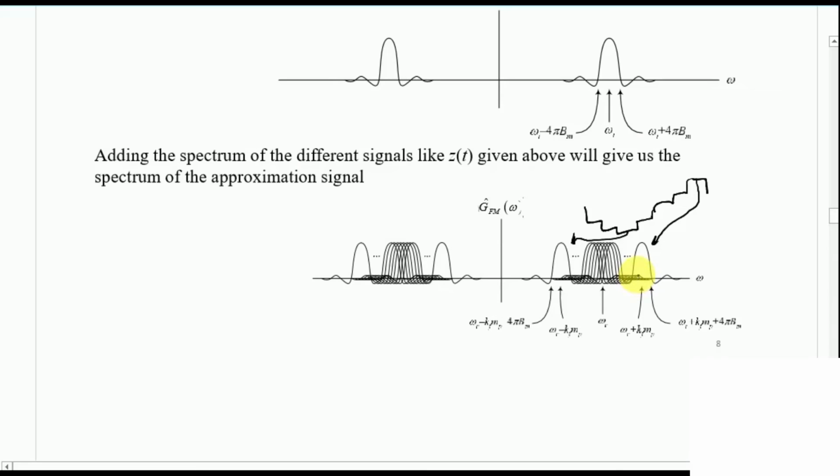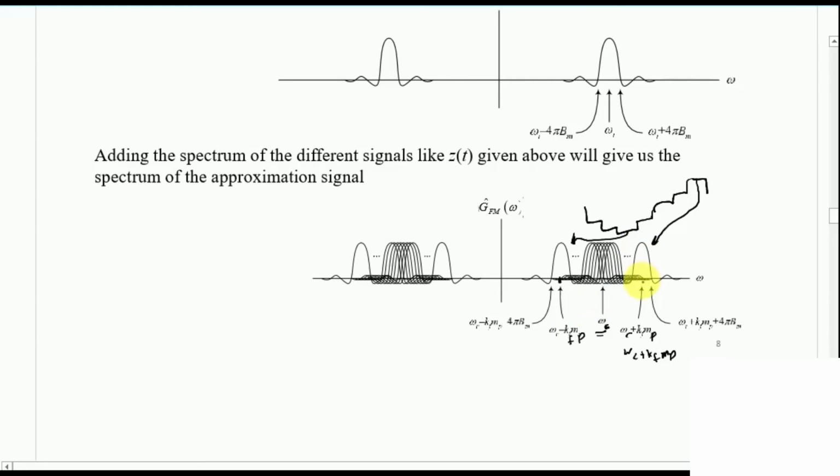Now let us deliberate on this bandwidth. Over here we have a carrier frequency omega c, we have omega c plus kf mp. So it's not clear, let me write it again, kf mp. For the negative peak, the center frequency is omega c minus kf mp, right?